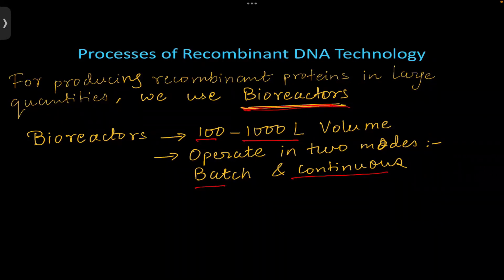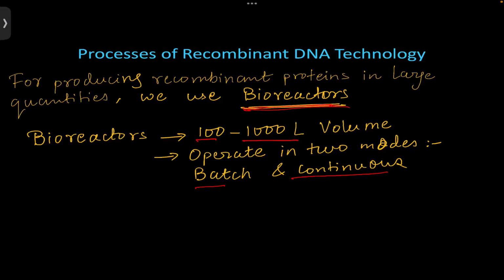Whereas in continuous mode, you are continuously adding fresh medium and fresh substrate from one end of the reactor, and from the other end you are taking out the culture medium containing the product.